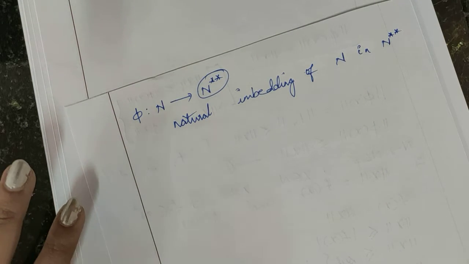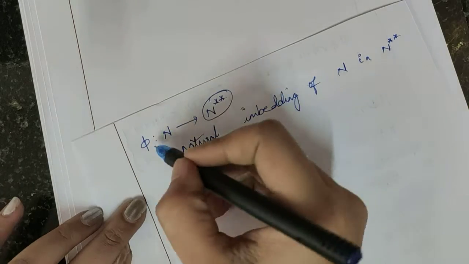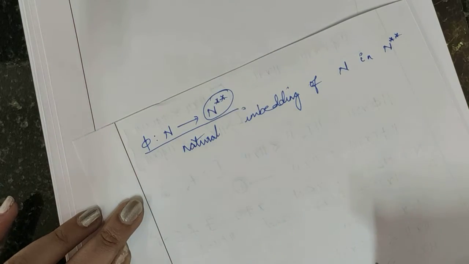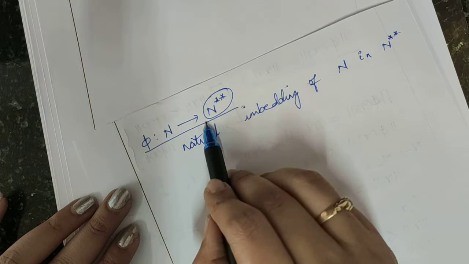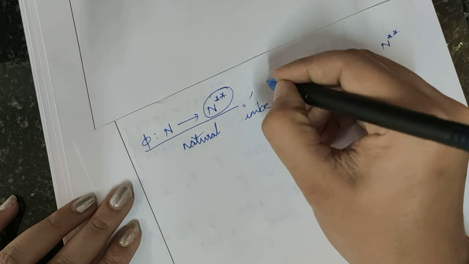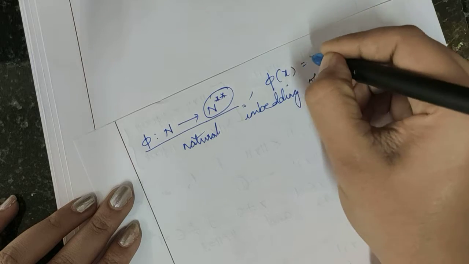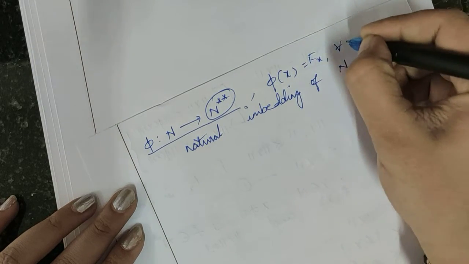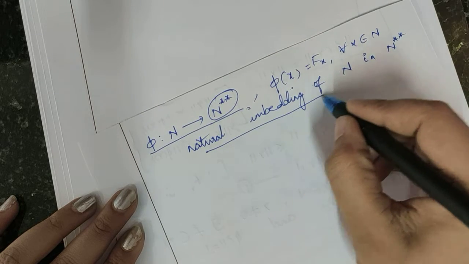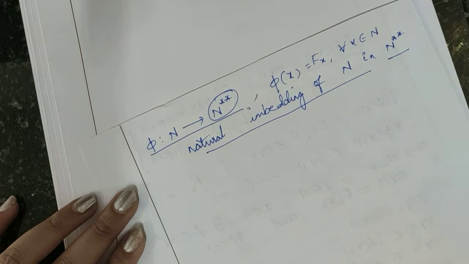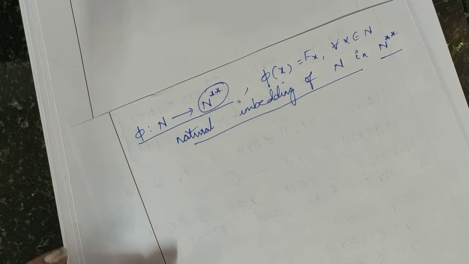It is an isometric isomorphism defined by phi of x is equal to f_x for all x belongs to N. This is called the natural embedding of N in N double star.